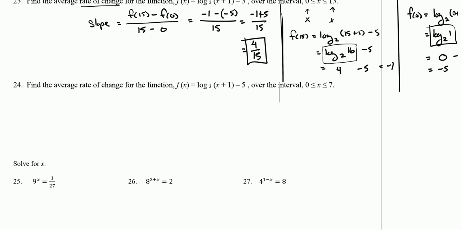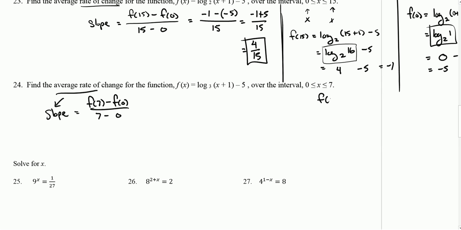(24) is similar. This time from 0 to 7, and we're looking for the slope because that's our average rate of change. So f of 7 minus f of 0 over 7 minus 0.